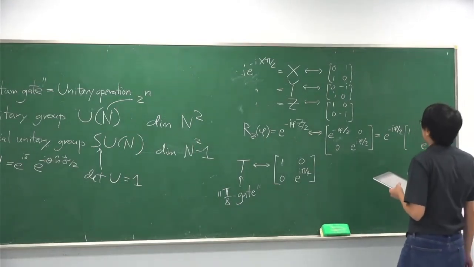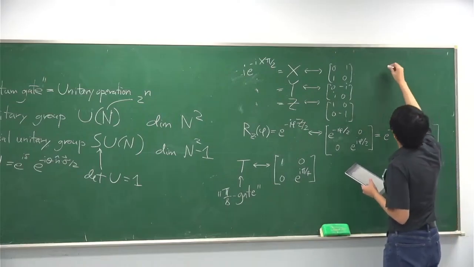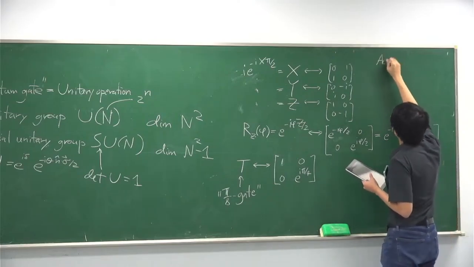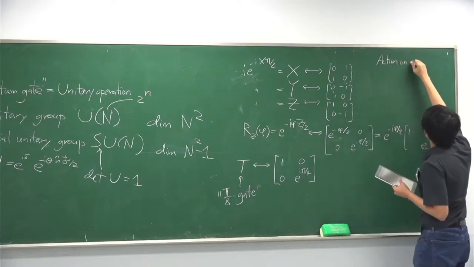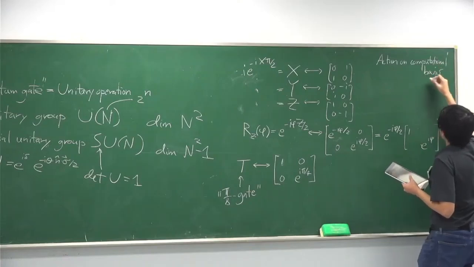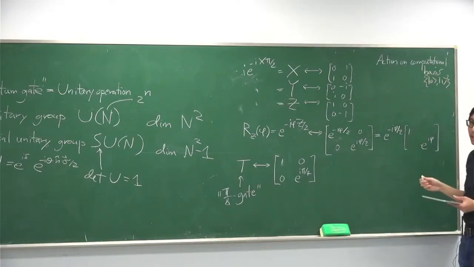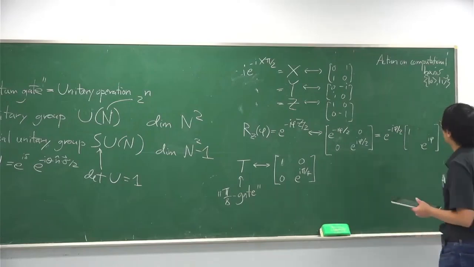And of course, I can write in a compact way how this matrix acts on the computational basis as well. By computational basis, it is just a jargon that means the 0, 1 basis.